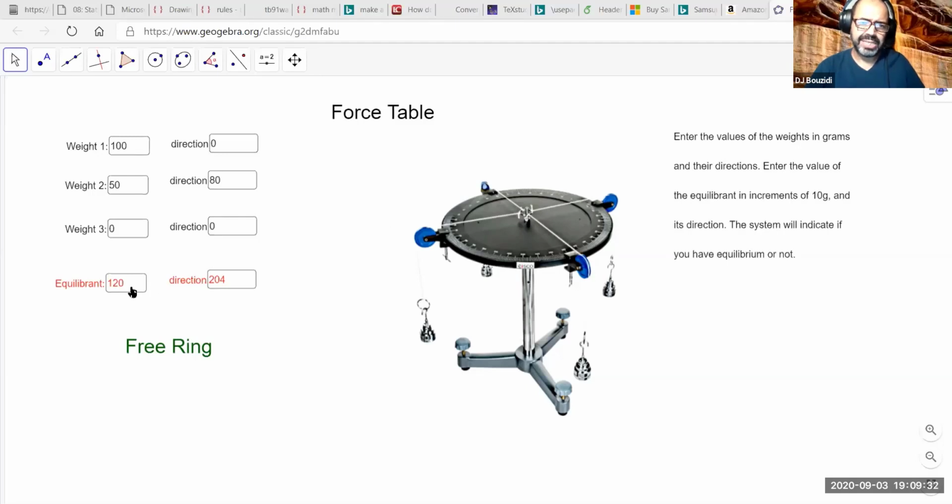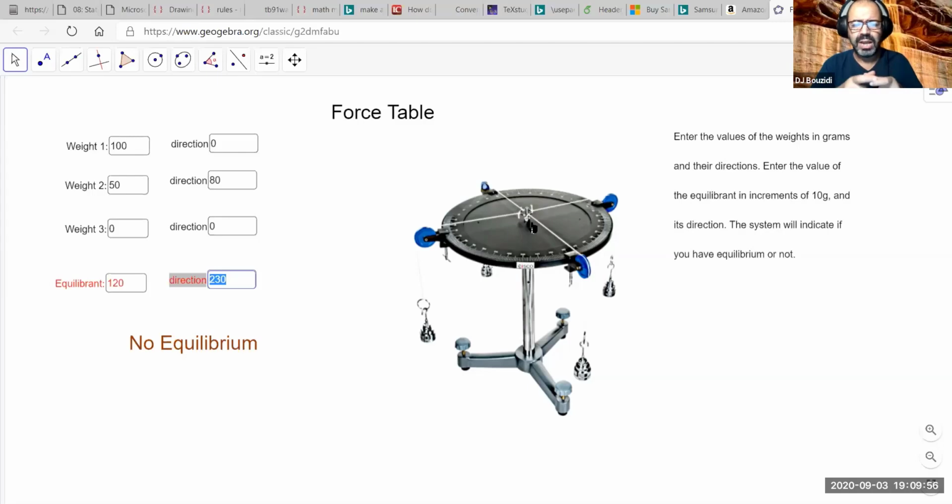So I put 120 grams, that's the weight I'm going to put in here, and I put the direction. Let's say, for example, I don't put it at 204. Let's put it, for example, at 230. Okay, no equilibrium. The ring will move one way or the other, and this ring touches this support. You want it to be free. You don't want it to touch.